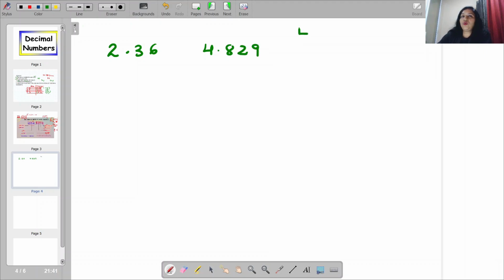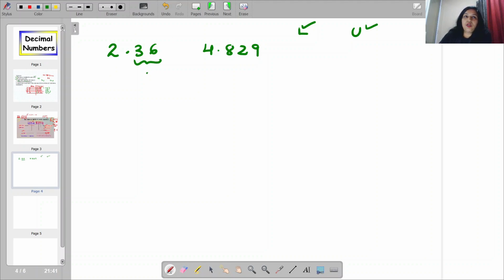We are talking about like or unlike decimal numbers. Please understand, any two decimal numbers, if they have the same number of digits to the right of the decimal, are known as like decimal numbers. Otherwise, they are unlike. I'm not talking about the exact value, I'm just talking about the number of digits.